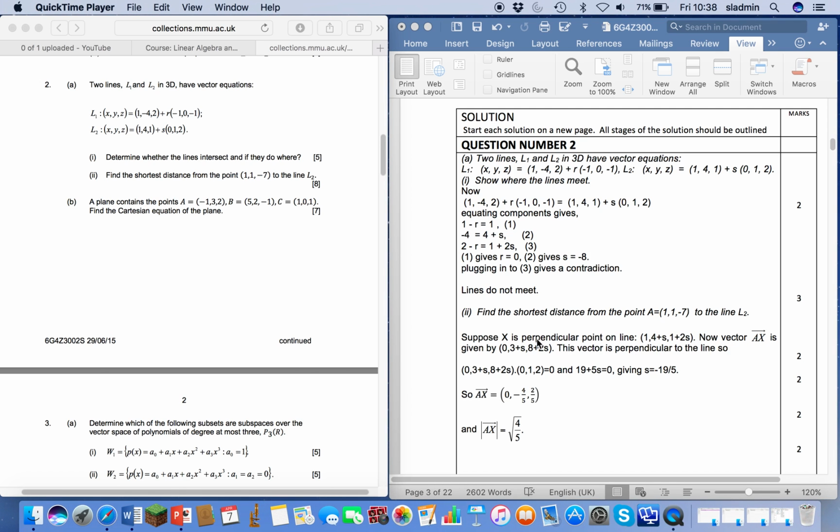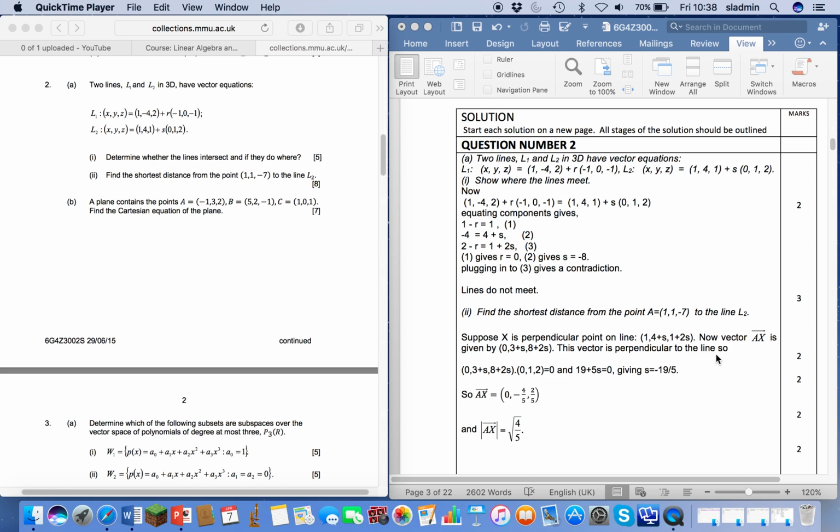So the vector AX is given by 0, 3 plus s, and 8 plus 2s, because AX is the vector X minus A. So we just do X minus A, and that gives us this vector here. So here's our A, and here is the coordinate position for X. So this is the vector X minus A, which is equal to AX.